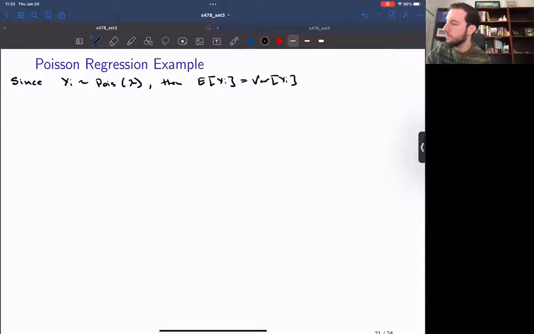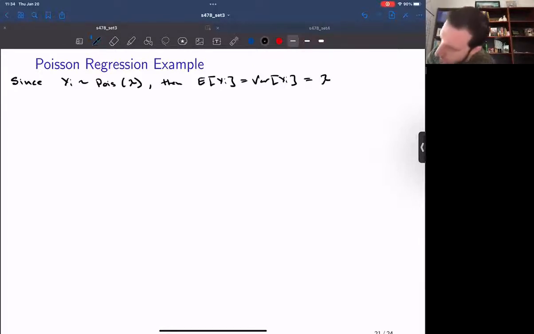So this is a property of the Poisson distribution: the expected value is equal to the variance. This is something you can prove pretty easily just by applying the definition of the expected value and the variance in the discrete case. You can also check this on Wiki or something and it'll verify it for you. Okay, so the key part here is that the expected value is equal to the variance.